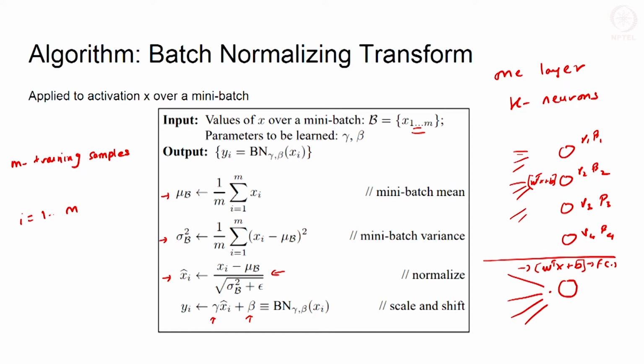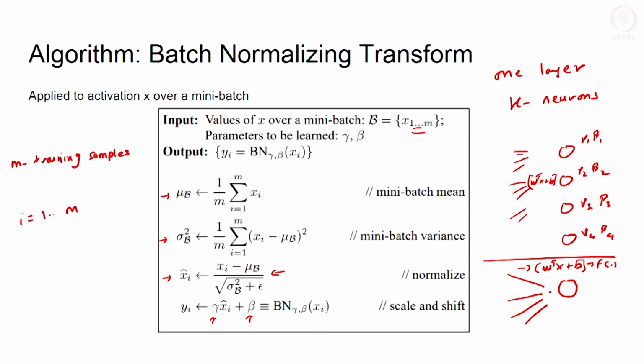So, this layer is inserted between your affine transform, which is the linear combination of the activations from the previous layer, and the nonlinearity you apply. So, it is in between these two that you have the batch normalization layer.